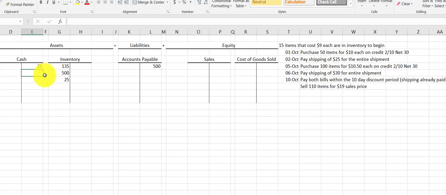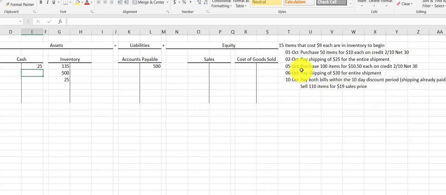So we have $500 to the people we bought it from, and we're paying the shipping right away for $25. So we must have done an FOB shipping point, right? Because otherwise we would typically be paying the company for shipping rather than a separate company.